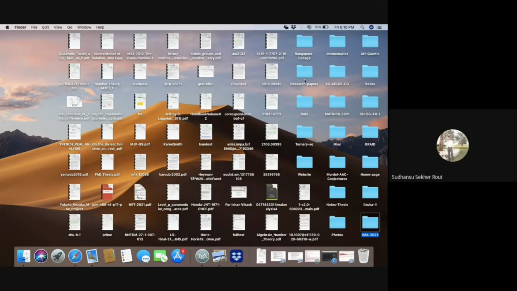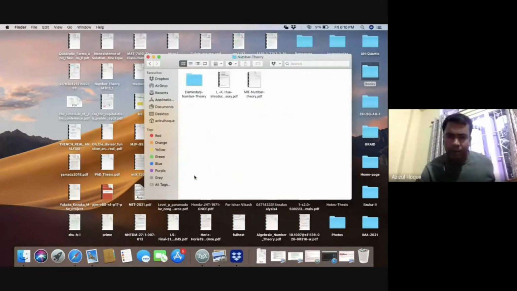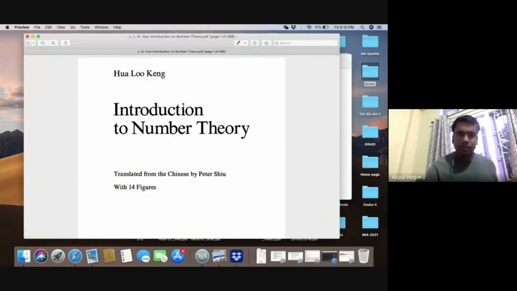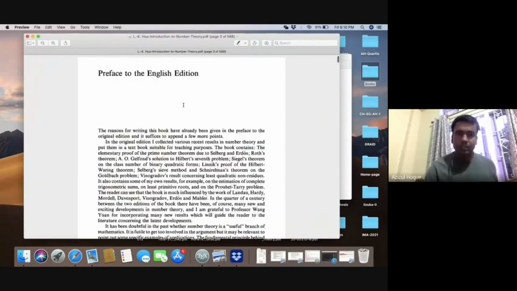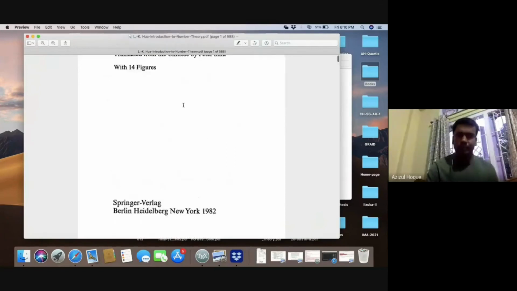You can send that book to me so that I can share it with all the students. I think it is here. I got it. This is a nice book on this one as well as some basic number theory.